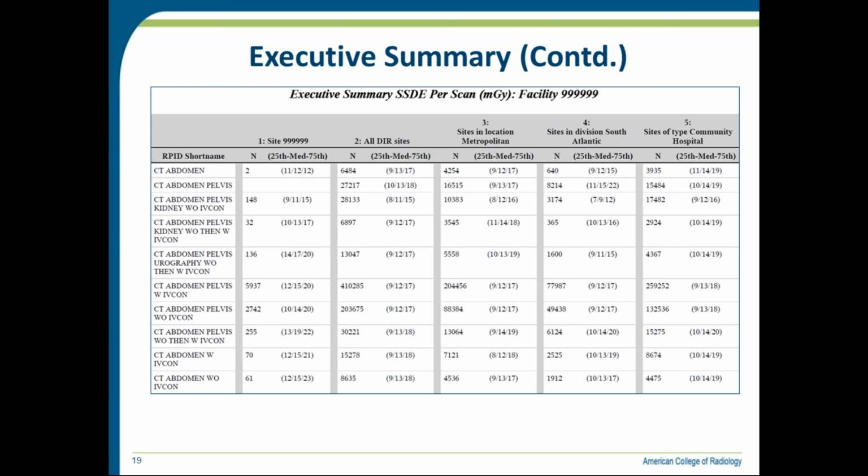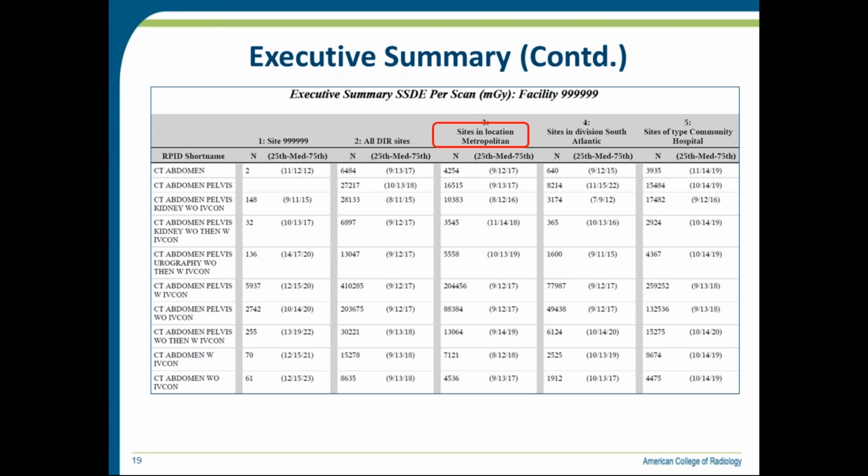So this is per scan for SSDE. If you look into the left-hand side, this is our short name report, as we call it. This is how your exams are reported in our report. The next column shows your facility ID, and then the next column is the DIR size. This is the registry level numbers.